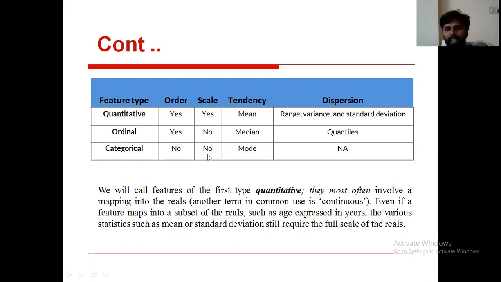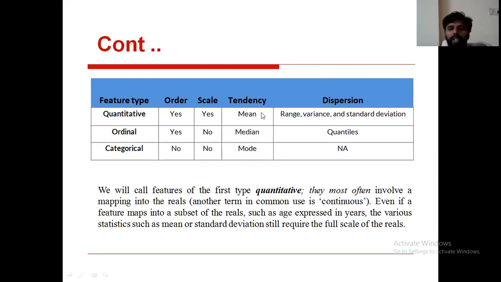We can't scale the categorical features, but we can scale the quantitative features. Suppose you want to represent 100 instances, you may arrange 100 instances on a scale like 0 to 10, 10 to 20, 20 to 30, 30 to 40. Like that, we may arrange the quantitative features on a particular scale.